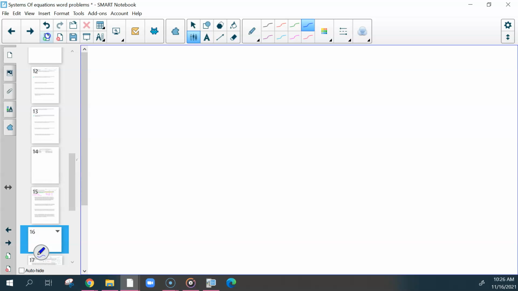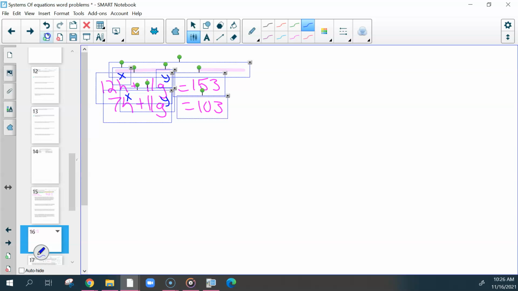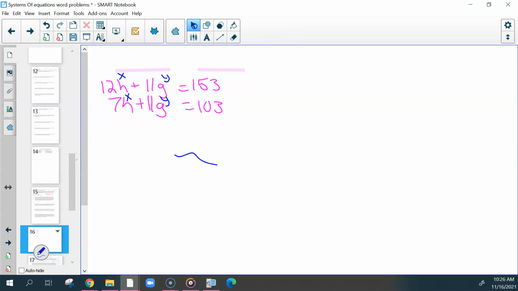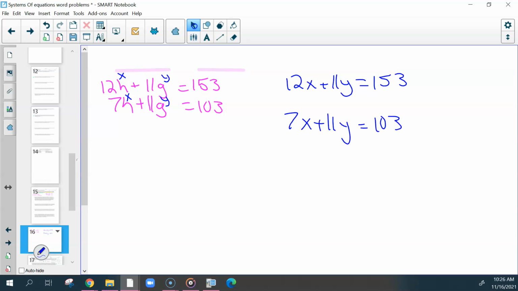So this would be 12x plus 11y equals 153. And 7x plus 11y equals 103.